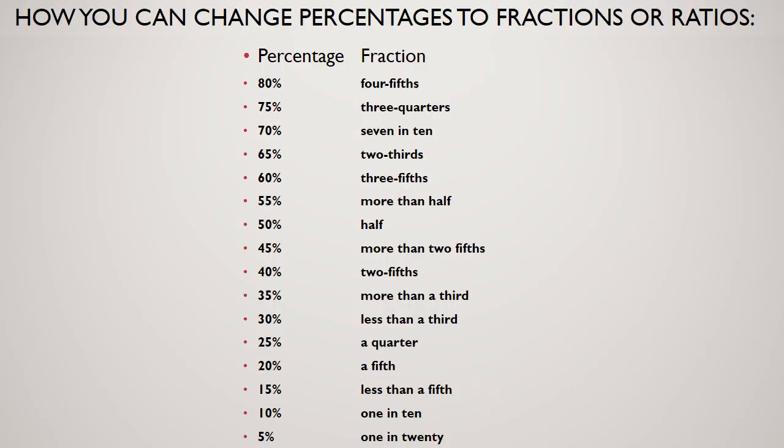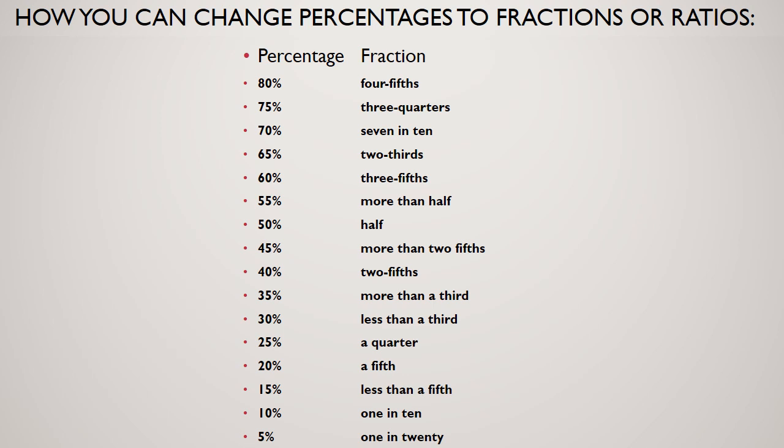Now students, how you can change percentages to fractions or ratios. In the pie chart, you are always given percentage. So if it is given that the percent is 80%, in fractions, you can write it as 4/5.